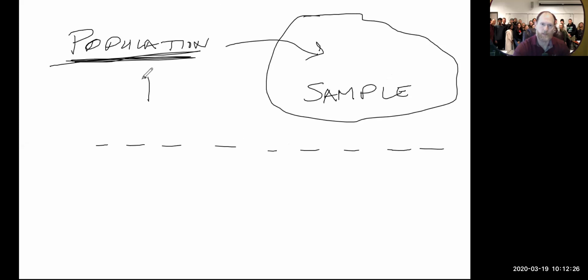So this might be all of the college students in the world, something like the mean weight or the mean academic performance or the mean something of all college students in the world. And so we take a sample to see if we're any different or we're kind of in line with that.